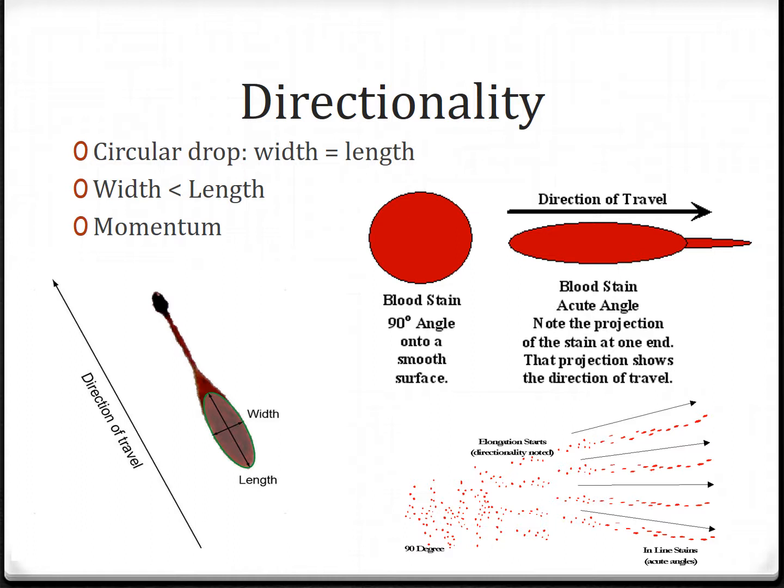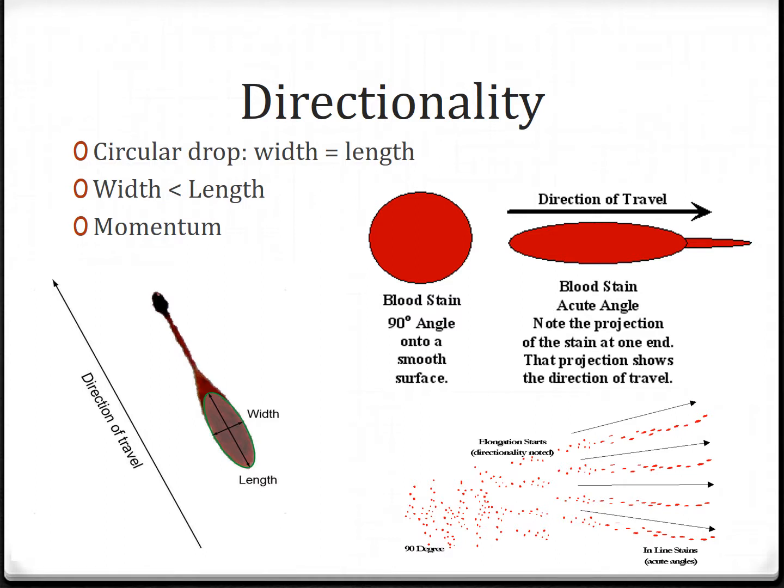So a circular blood stain, or a circular drop, this is when the width is going to equal the length. So you've got the same width and the same length of the blood drop right across those fattest parts. So this tells you that the blood fell straight down and it hit the surface at a 90-degree angle.